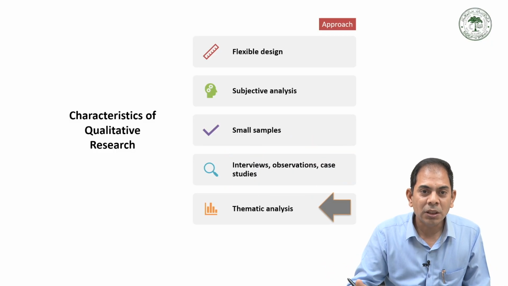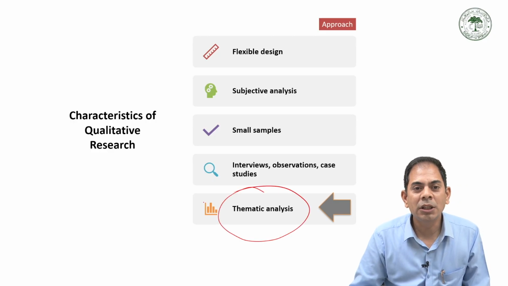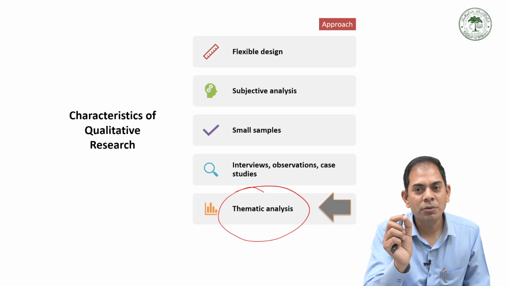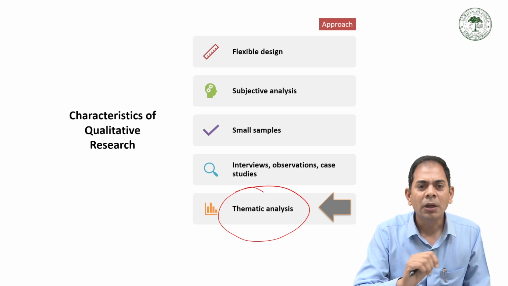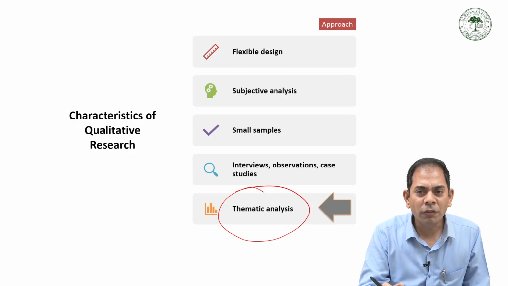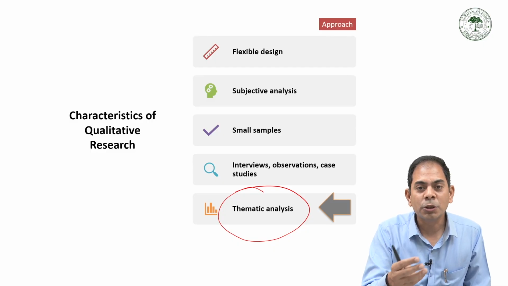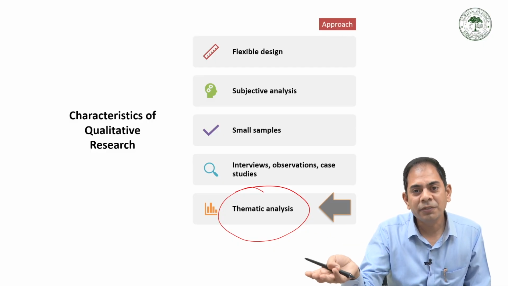Next one is thematic analysis. Thematic analysis means the data is analyzed by identifying common themes or patterns. For example, if many athletes mention pressure and lack of confidence, these become key themes in the research, because some players come under pressure in specific situations.